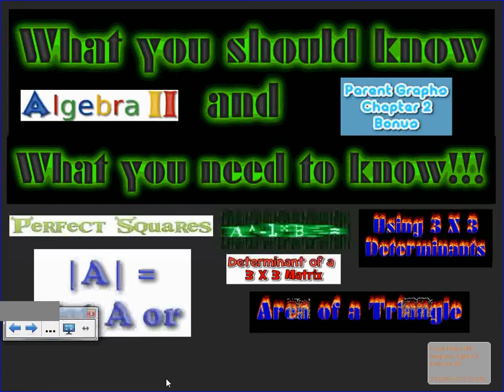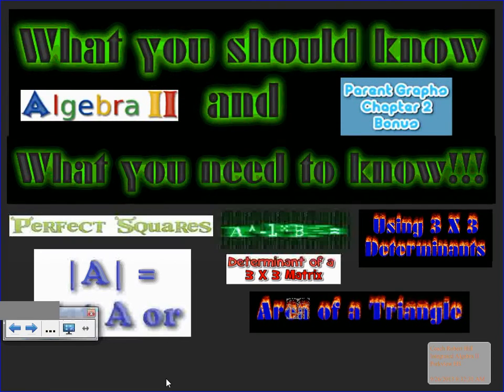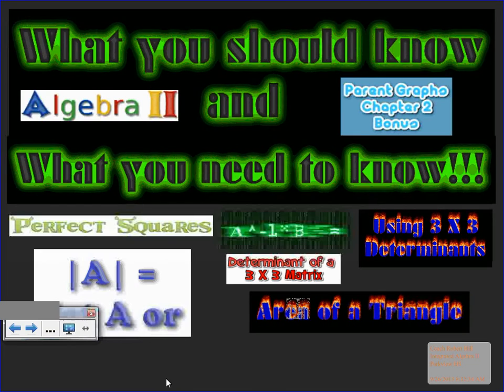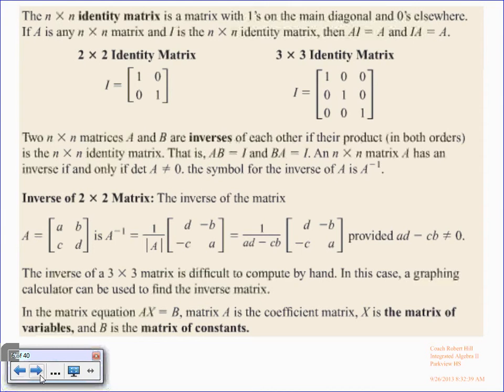On Tuesday, we went over all the stuff that you need to know for your test. Then Wednesday, you took the graduation test, and so I reminded you that in your book, for those of you that need the notes, it talks about identity matrix. Remember what makes up the identity matrix is 1 across the diagonal, 0 everywhere else.